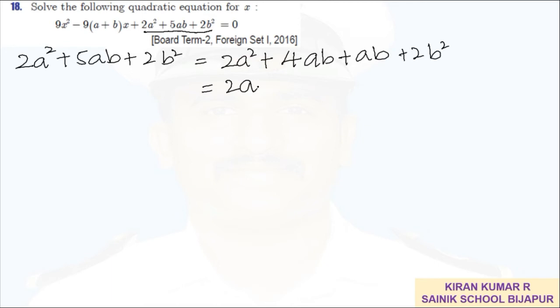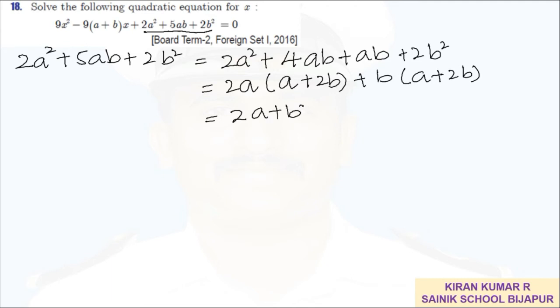First two terms, there is 2a common, a plus 2b will remain, plus b is common, a plus 2b will remain. In the next step, I'll write the product directly, 2a plus b times a plus 2b.